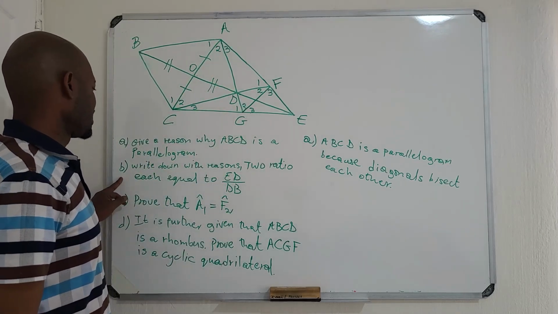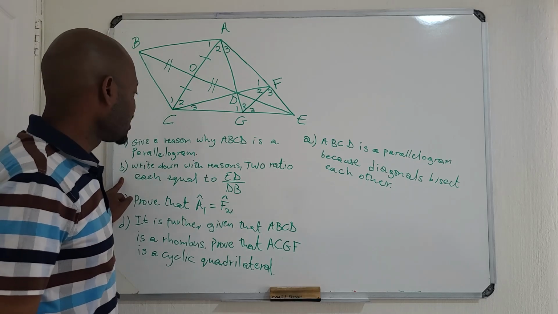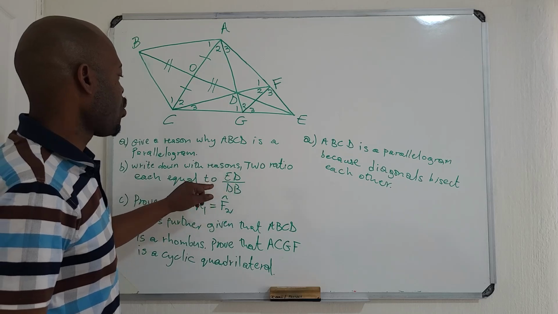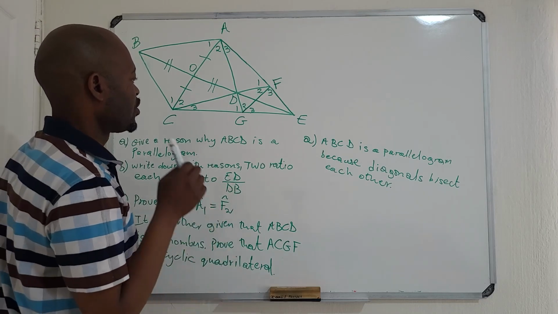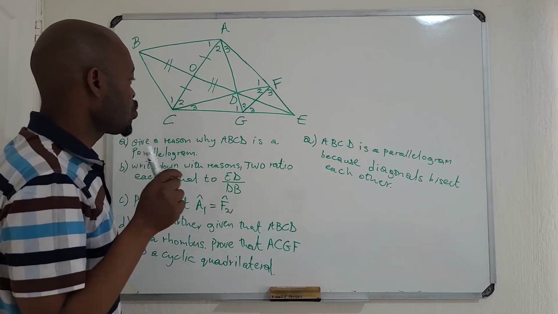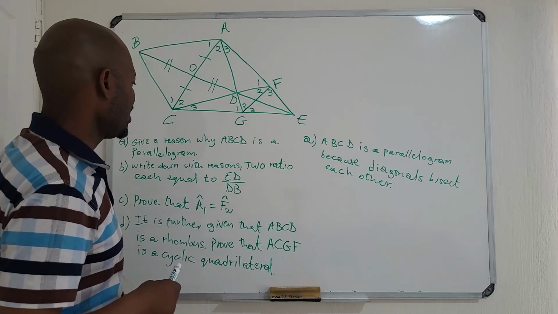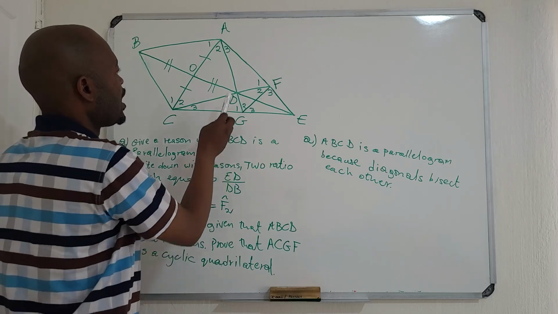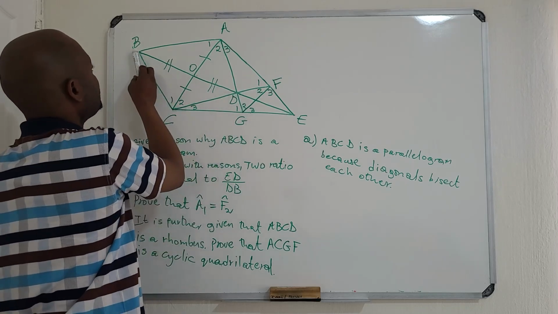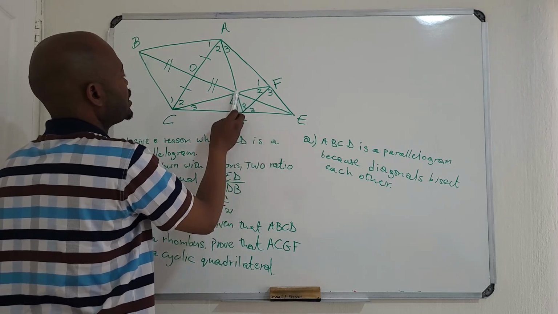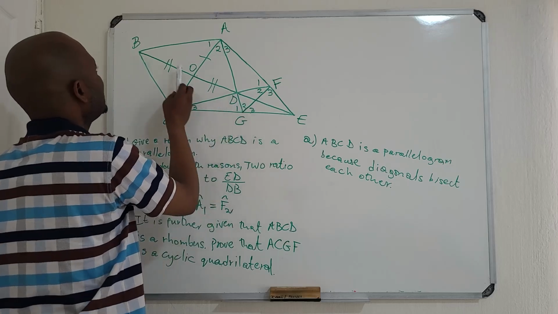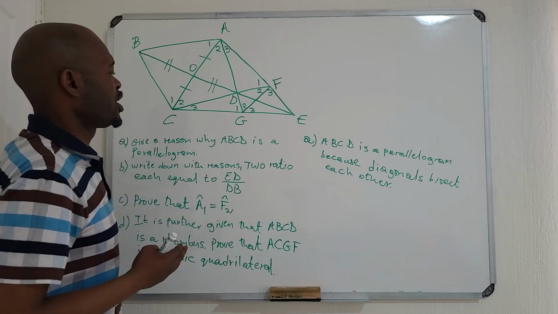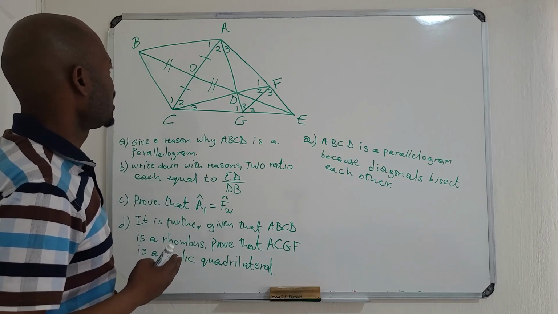(b) They say write down, with reasons, two ratios that are equal to ED over DB. Now, obviously here we are going to use theorem number 1.